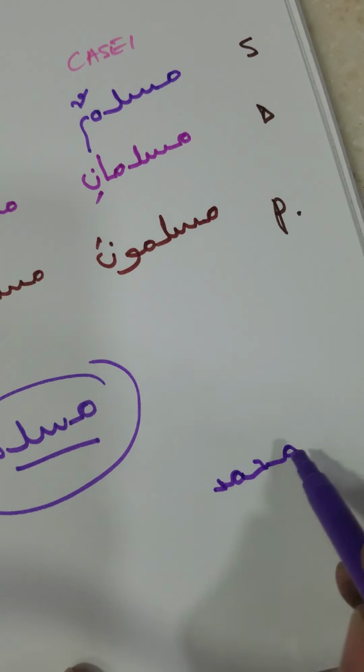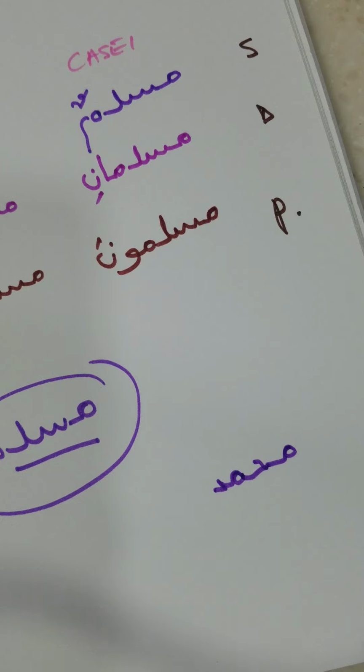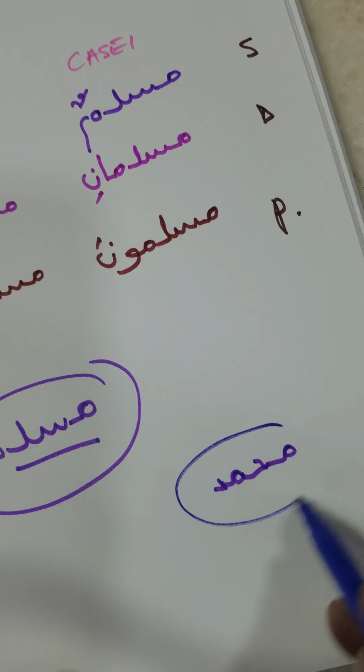There is no way we are going to write this as Muhammad like this. No way. So when you bear this thing in mind, it's going to simplify your learning.